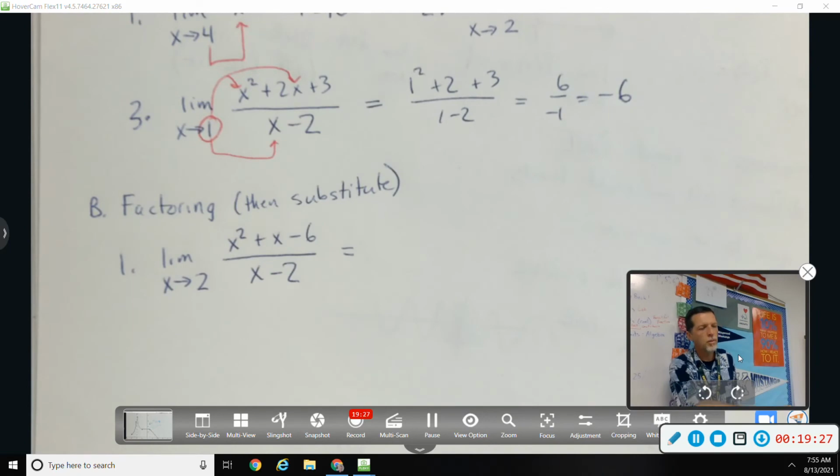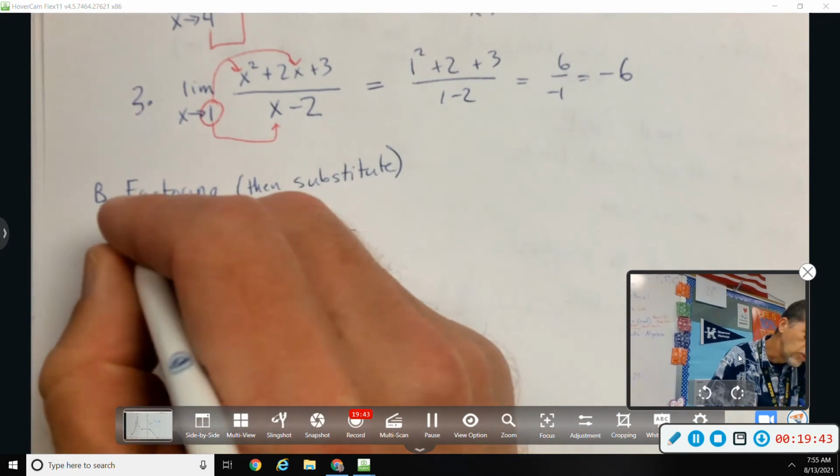I guess maybe we should first ask, how do we know that substitution won't work? Like I said, try substitution first. What would be the problem with substitution on this one? You get 0 in the bottom, so something is not right about substitution. So let's do factoring.